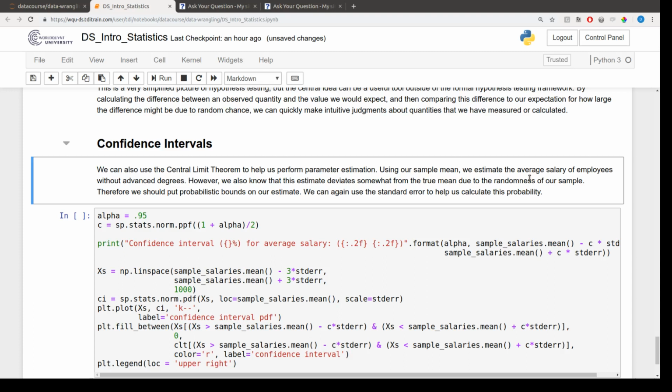In the previous video, we talked about using the central limit theorem to help us perform a hypothesis test. And we gave the example of if you and I made a wager about the average salary of people in the US without advanced degrees.